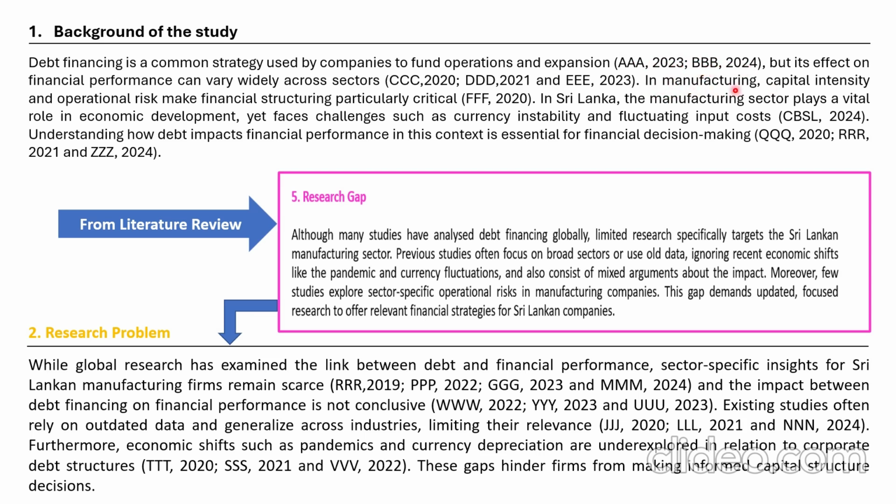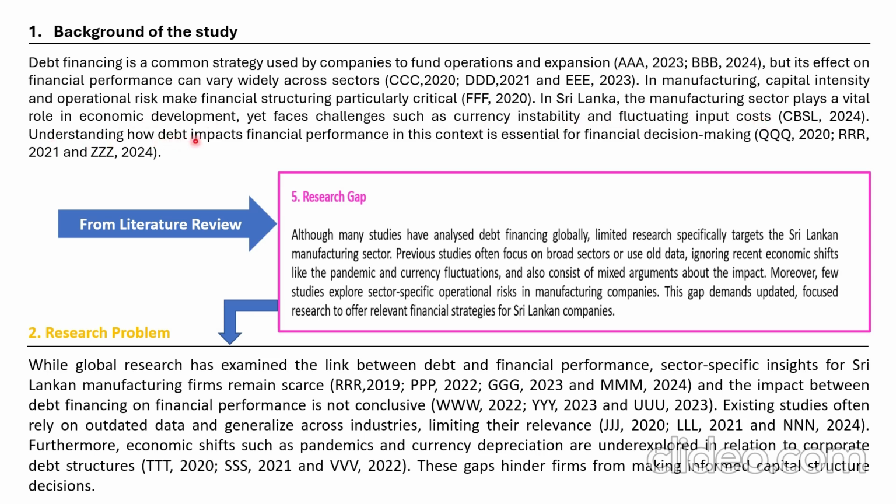Here it says in manufacturing, capital intensity and operational risk make financial structuring particularly critical. In Sri Lanka, the manufacturing sector plays a vital role in economic development, yet faces challenges such as currency instability and fluctuations in input cost.